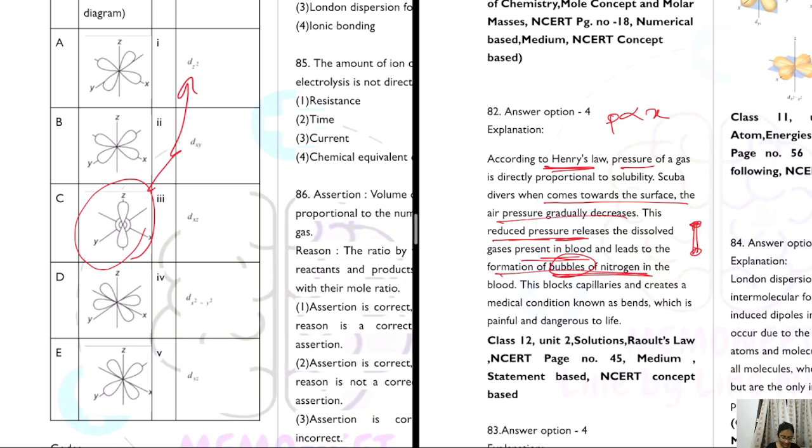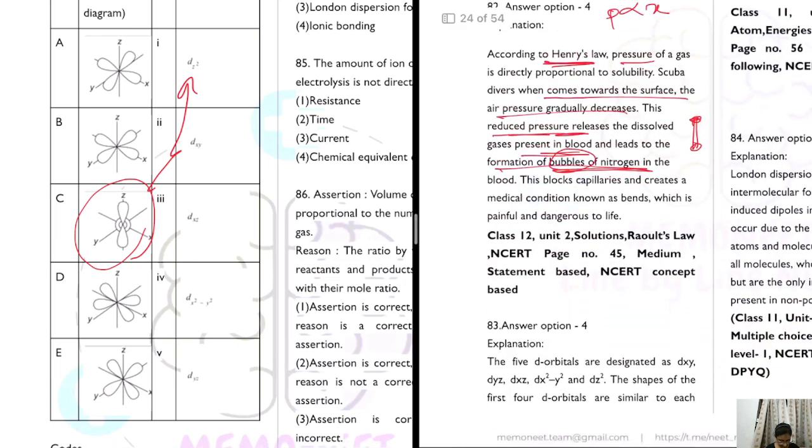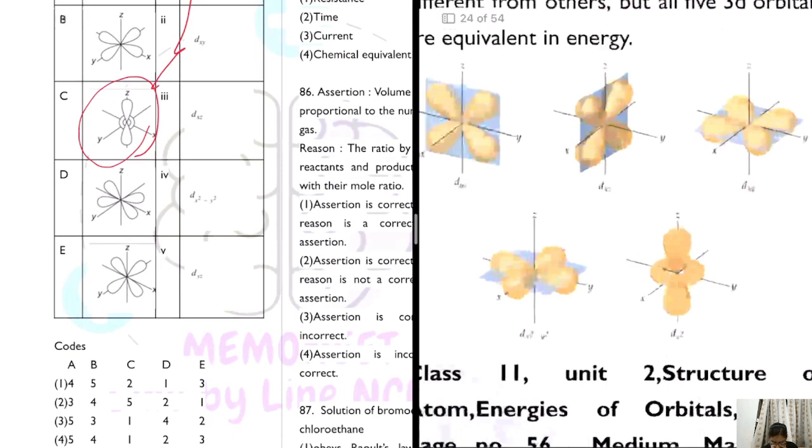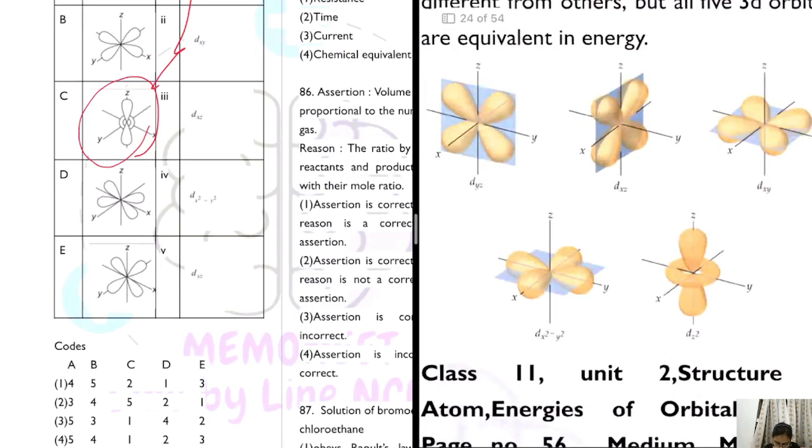Now, if I have, say, for example, dxy, let me see if I have a diagram. If I have dxy, it will be like this. Okay, it would be between the x and y axis. Only dx square minus y square is on the x and y axis. Remember this.